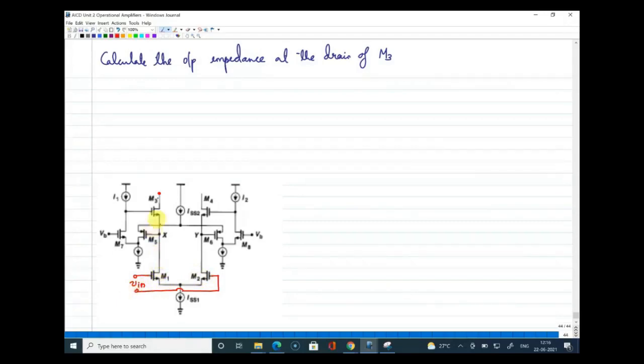If you look to the top, after M1 something is connected, but you can still see that there is a cascode for the input transistor: for M1, M3 is the cascode, and for M2, M4 is the cascode. So I'll write it here: the main amplifier has M1 and M2 as the input pair. Also I can identify M3 and M4 as the cascode for the input pair.